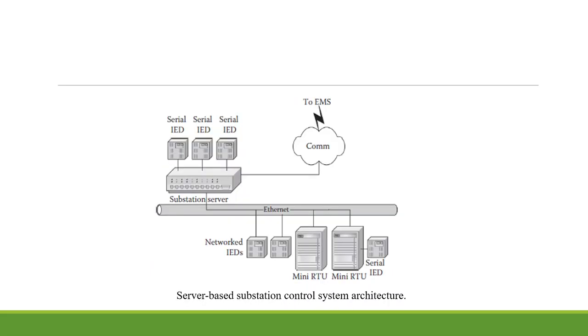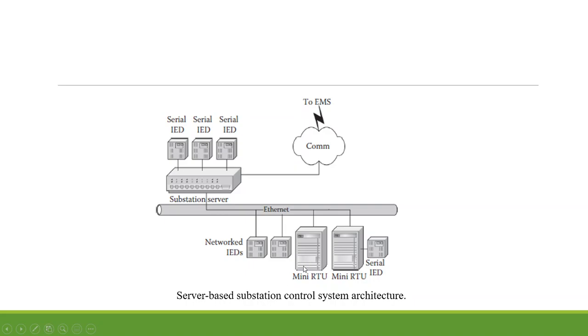Then there could be a number of different architectures for a substation control system. One is shown here, the server-based substation control system architecture. So what will be there? There will be Ethernet, which is going to connect the network IEDs.